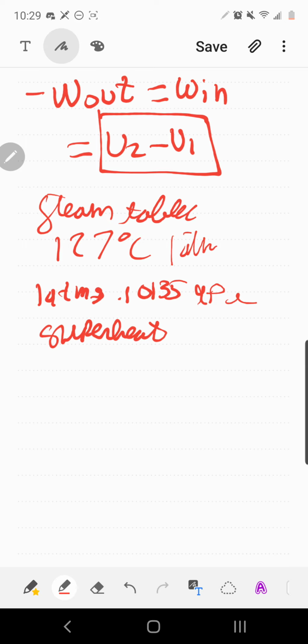With the pieces of information that we have, the temperature and the pressure, we can calculate the internal energy and specific volume from the superheated table.